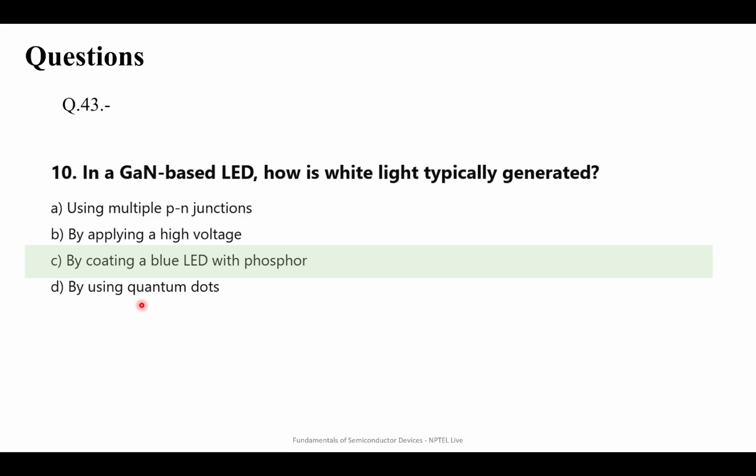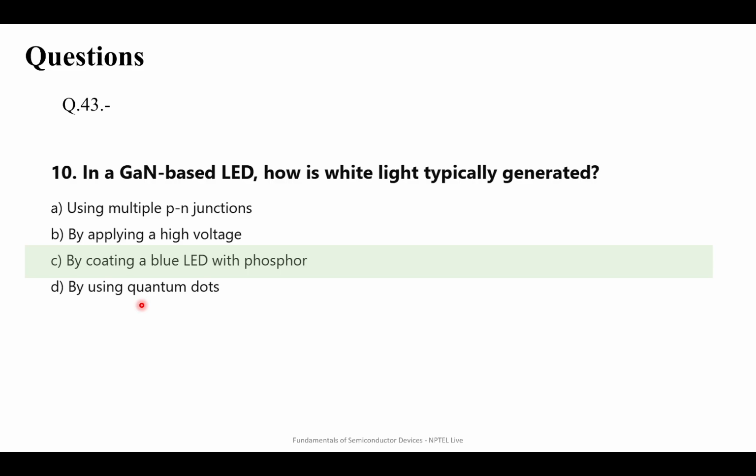We just studied that gallium nitride has a band gap of 3.4 electron volts, so you can make a blue LED from that using different methods. And phosphor is a material that is optically active.